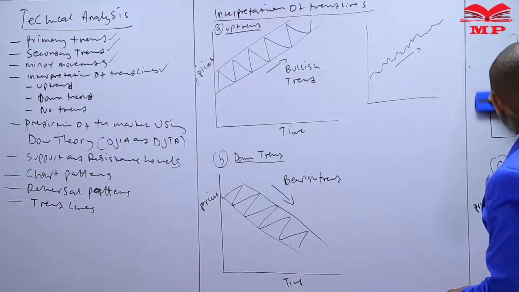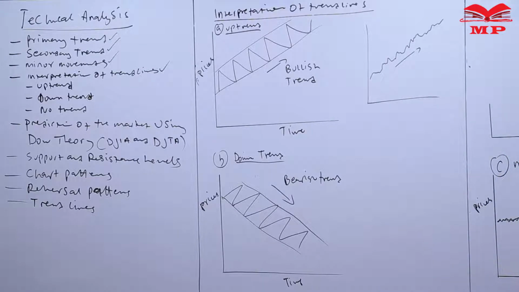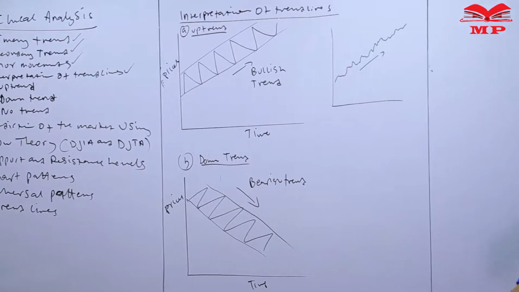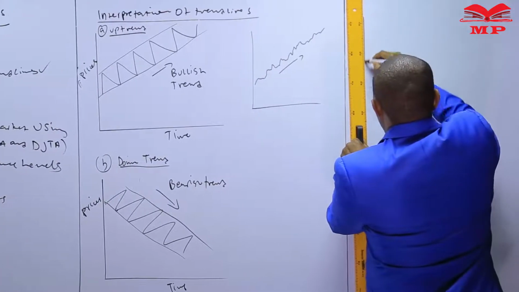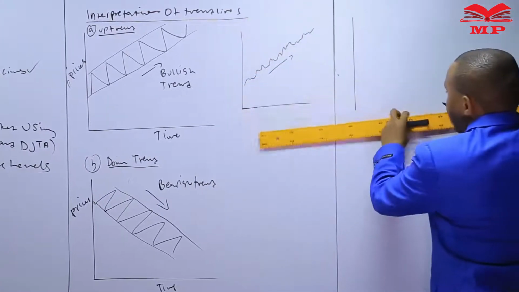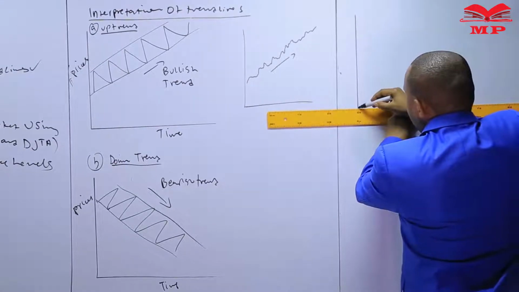Now a no trend is where the market moves in a way that does not provide any indication of a trend. And I will demonstrate that shortly. Where we have like so, we can use this to make sure at least we are almost accurate.